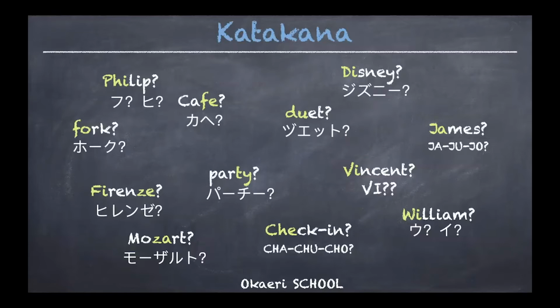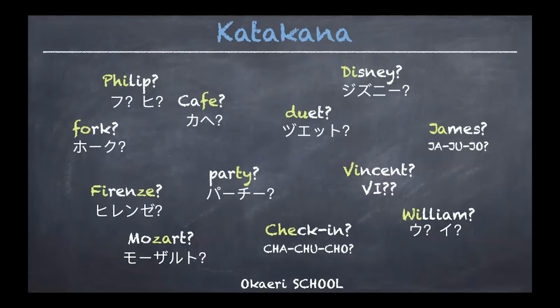there are so many foreign words that cannot be written within these rules or these characters. How about Philip? How about cafe? How about fork? Because we don't have F characters. Philip will be hiripu, or fork will be, we only have ha, hi, hu, he, ho.